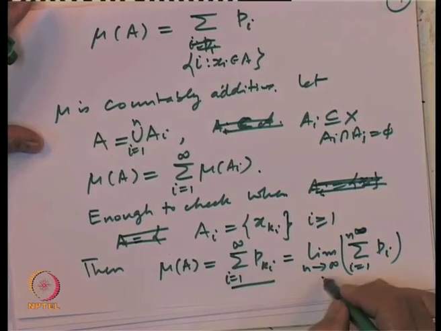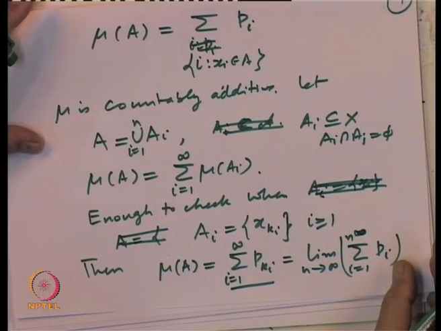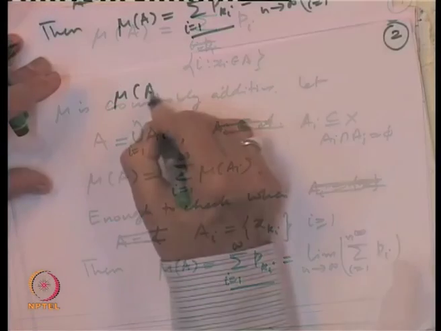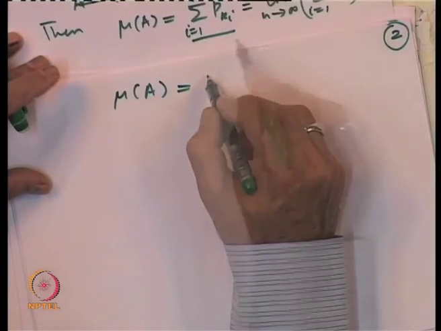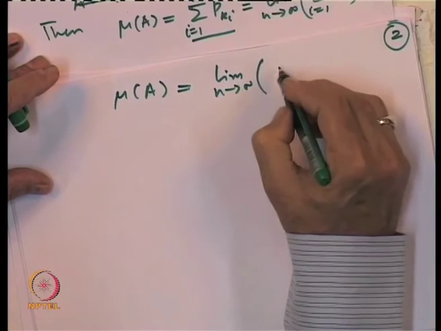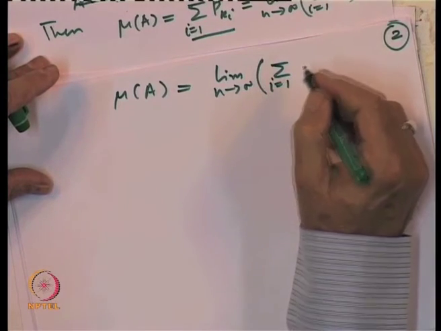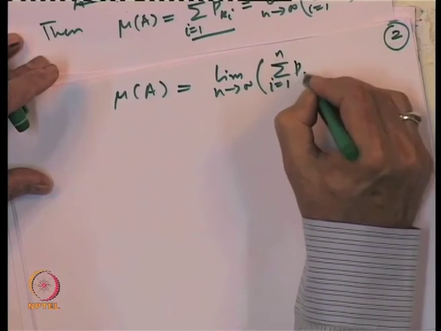So, this sum is nothing but the limit of the partial sums. Okay. They are non-negative. So, there is no problem in writing it that way. So, that means mu of A is equal to the limit n going to infinity of sigma i equal to 1 to n of p i.